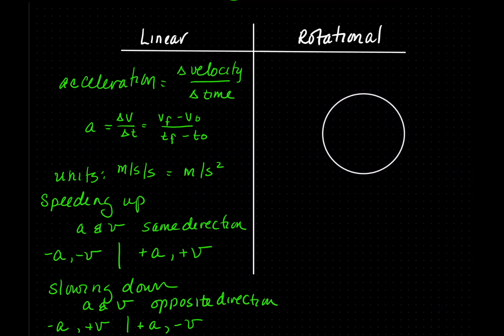Similar to linear acceleration, in which objects could speed up or slow down, objects that are rotating can also speed up or slow down using angular acceleration. Angular acceleration's symbol is alpha, the Greek letter alpha.